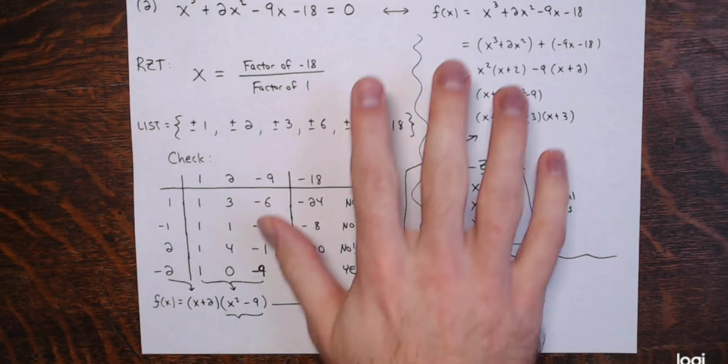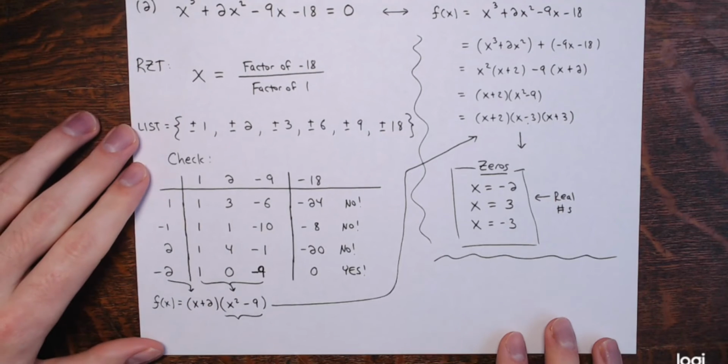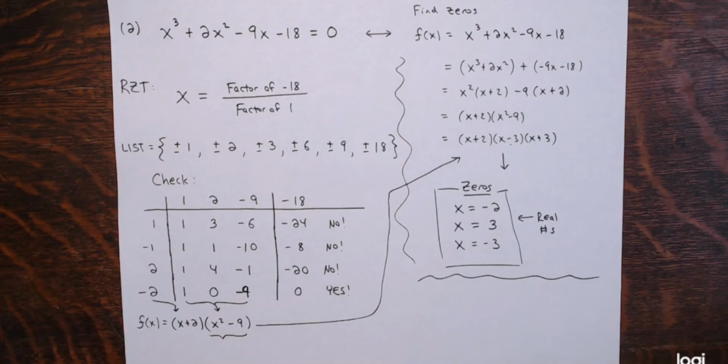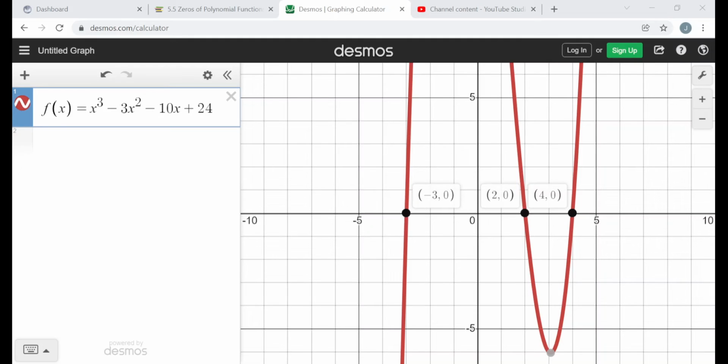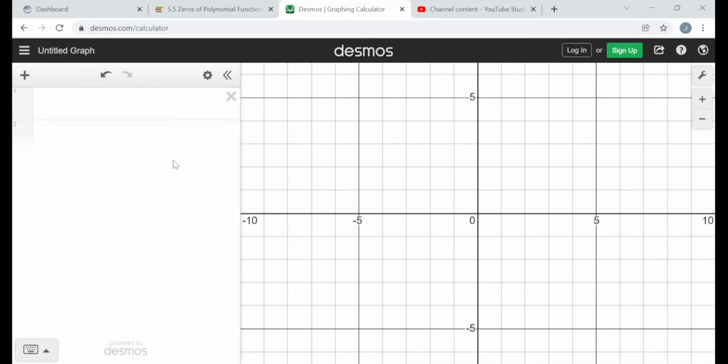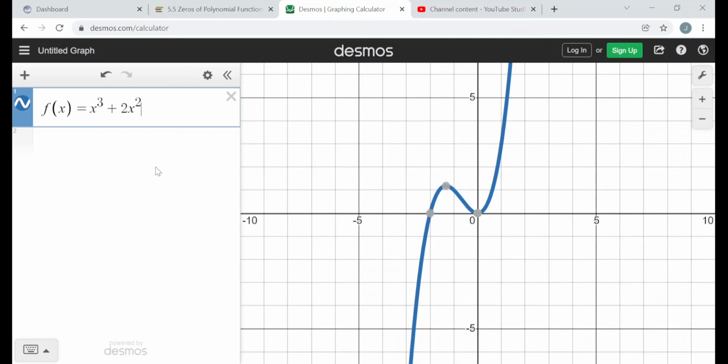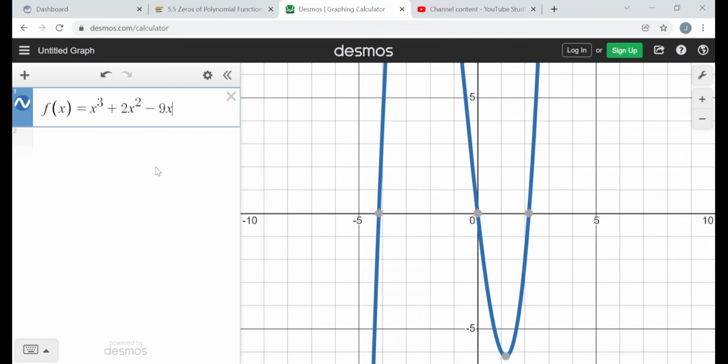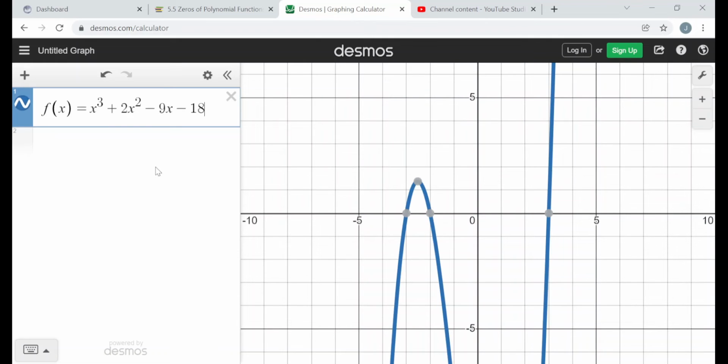Right. And once again, let me just check it out, just a triple check, I guess, because I've kind of double checked. This is twice. Let's take a look at the graph of that function. So we were given this polynomial function here. It was x to the third plus 2x squared minus 9x minus 18.